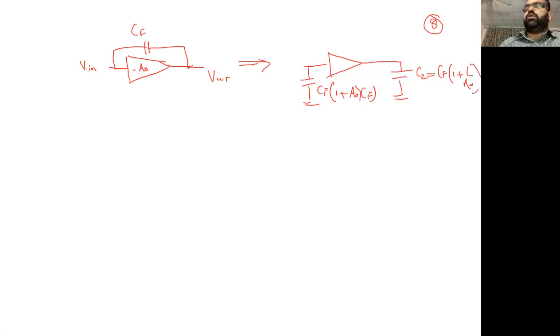So this is not going to be any significant A naught value, so it is equivalent to CF. But the main thing is that we get a huge increment on this side.